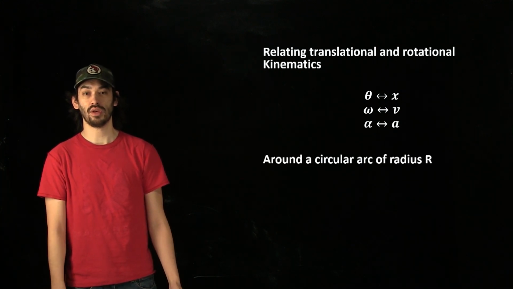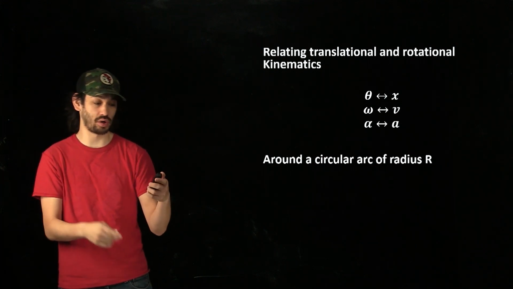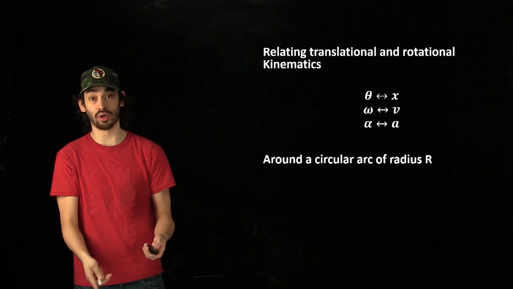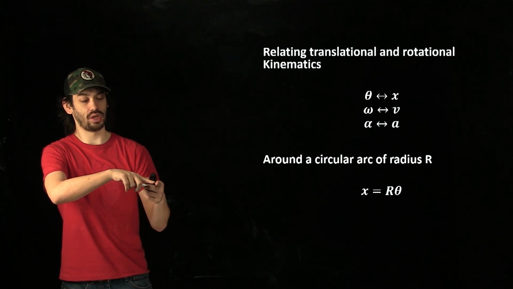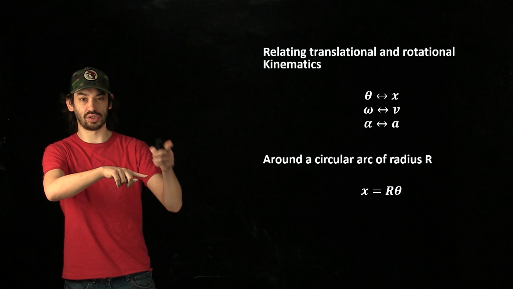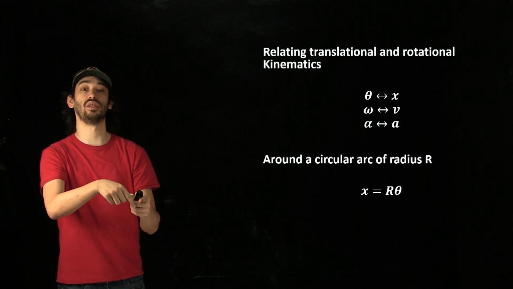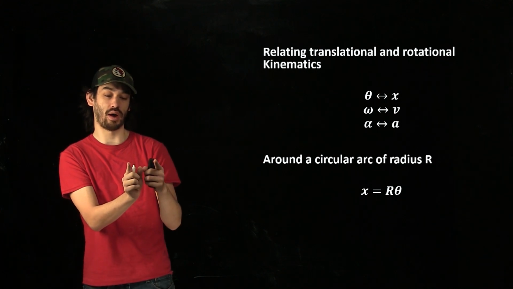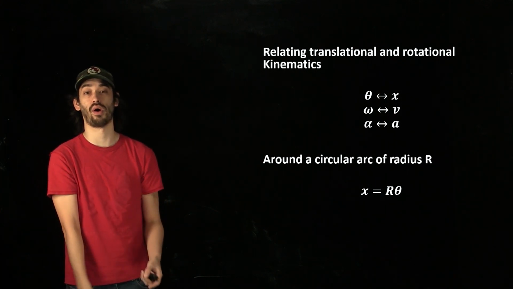Now, if we wanted to talk strictly about the motion along the arc of a circle, we have an even stronger correspondence, and that's to say that the distance over which an object moves around the arc of the circle is going to be related to the angle that it moves over times the distance from the point to the center of the circle, or the radius, r.